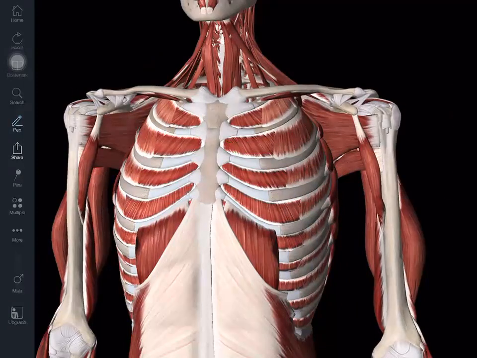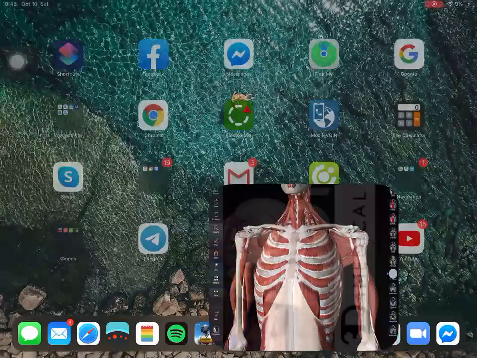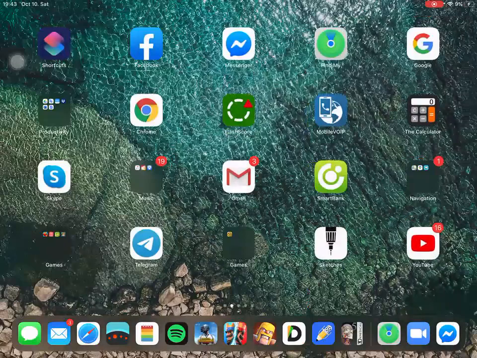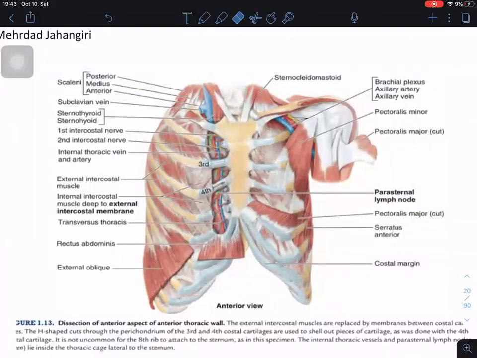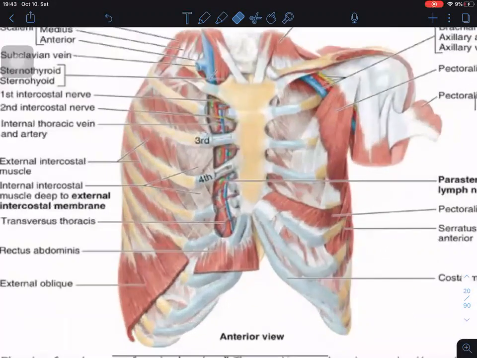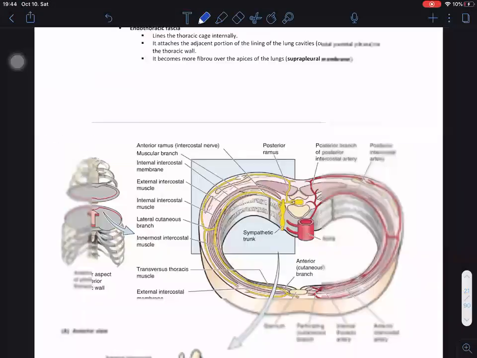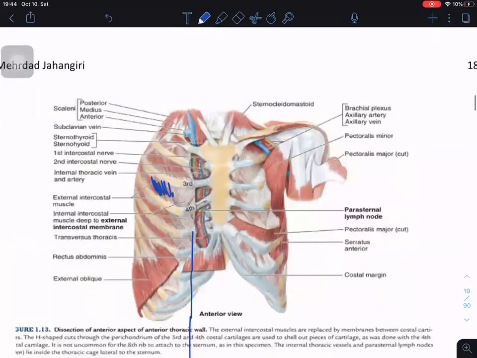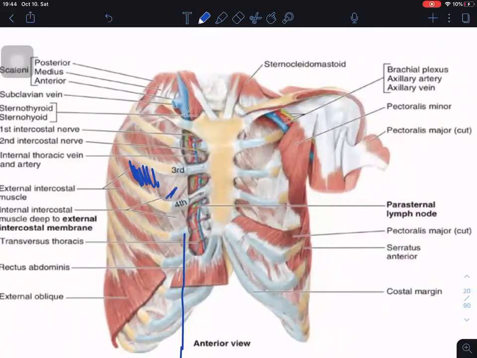So remember, on the cadaver, when you're looking at the anterior view of the thoracic wall, you're looking at the external intercostal muscle, and there you have this white tissue over here, which is the external intercostal membrane.